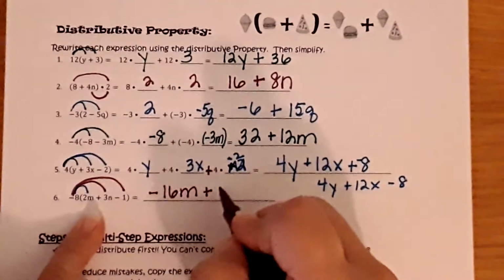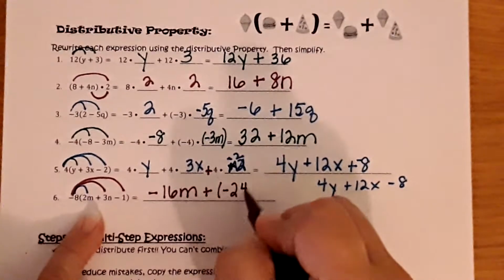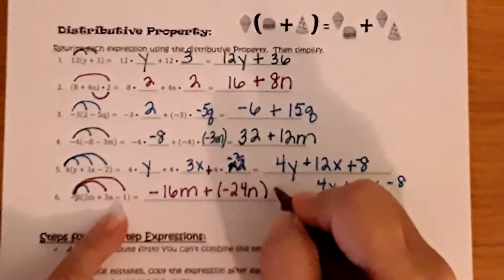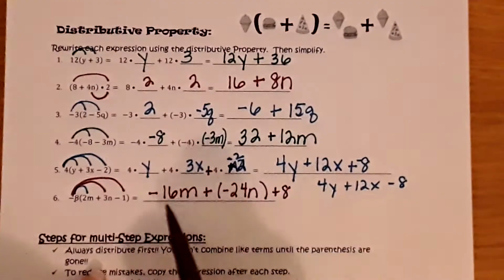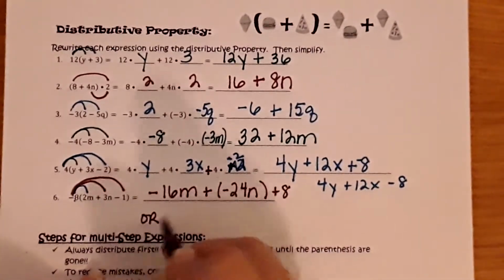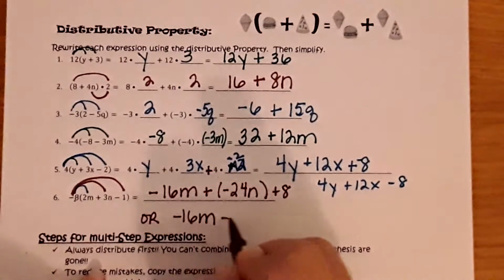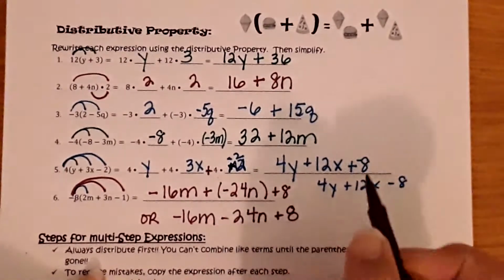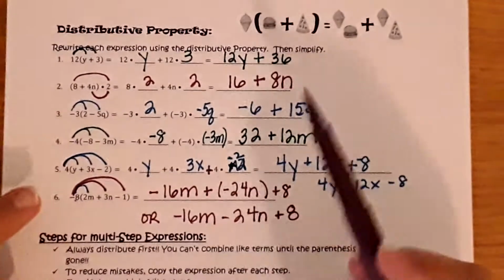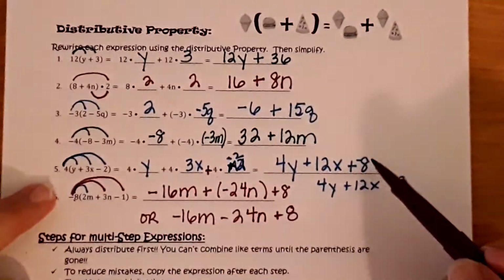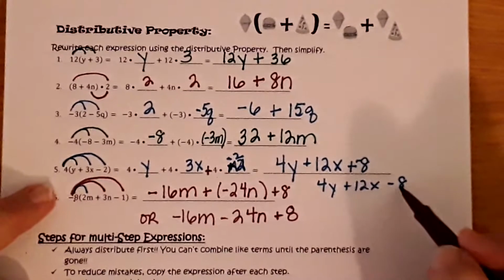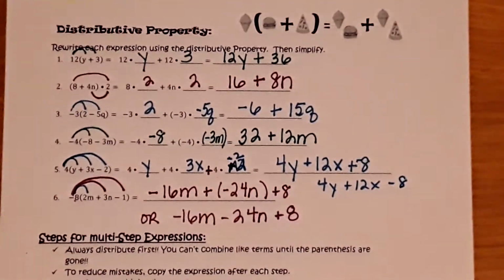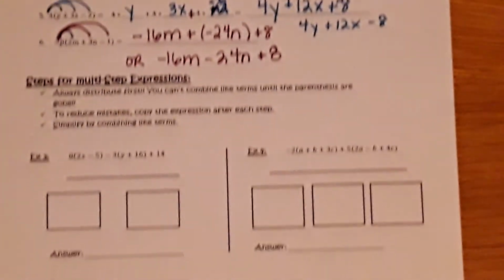Negative 8 times 3 is negative 24n. Negative 8 times negative 1 is positive 8. You could write it like that, or you could write it like this. You guys, again, you can multiply, but 4 times negative 2 is negative 8. So you can write negative 8 or plus negative 8 there. Okay, that's the distributive property. So let's practice down here.